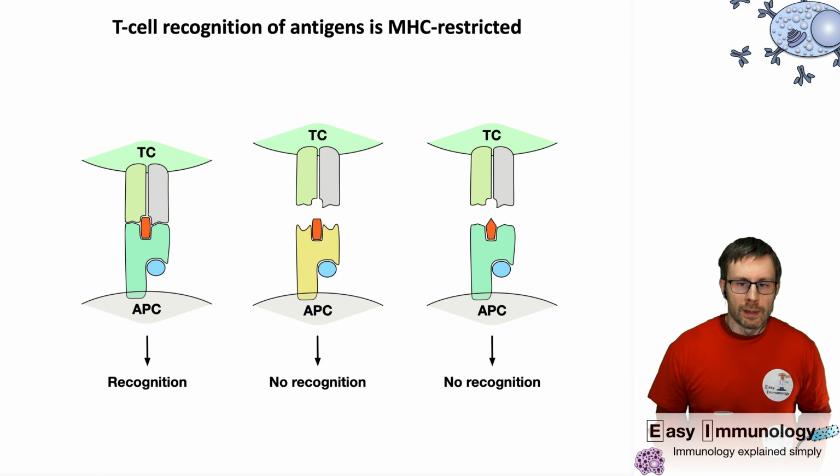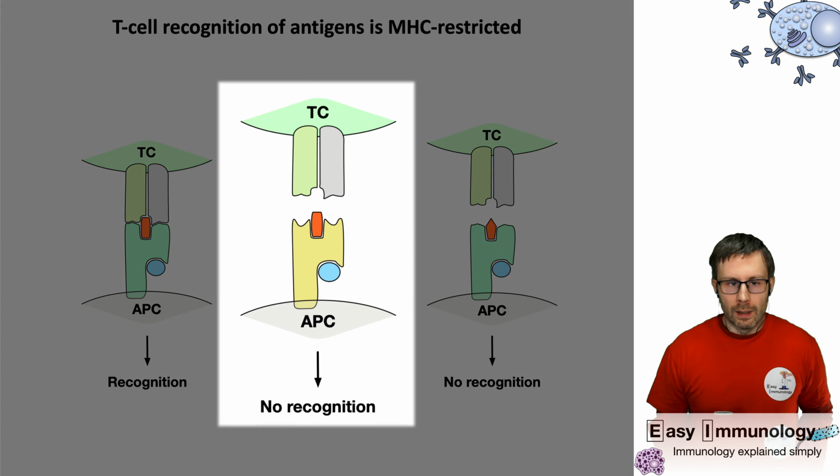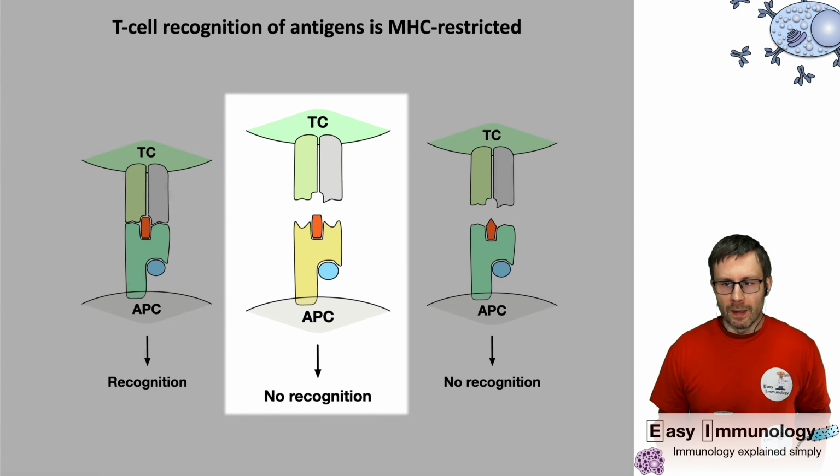Here you can see 3 different examples. In the first one, we have the correct peptide for our T cell receptor and the correct MHC molecule. The T cell will get activated. In the second one in the middle, we have the exact same peptide, but it gets presented on a different MHC class 1 molecule that the T cell was not trained on, and it does not recognize that. So there's no T cell activation.